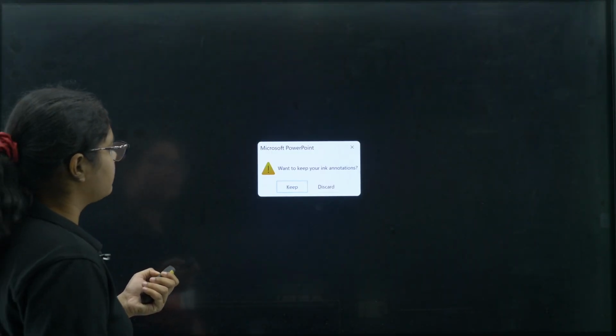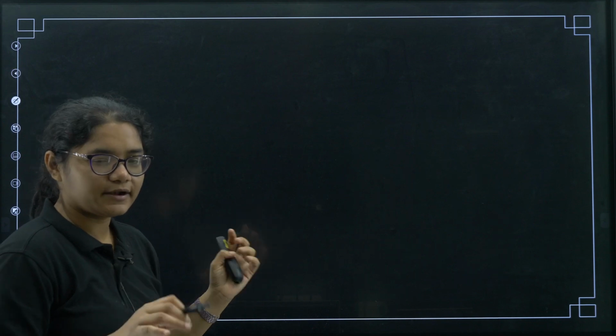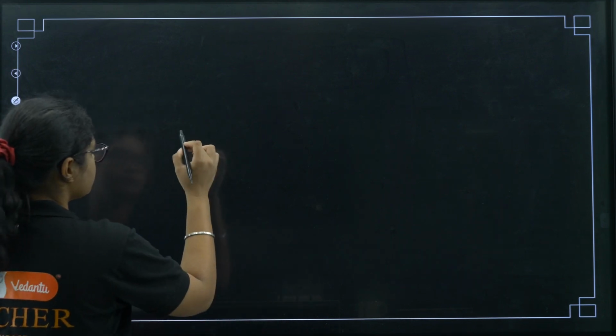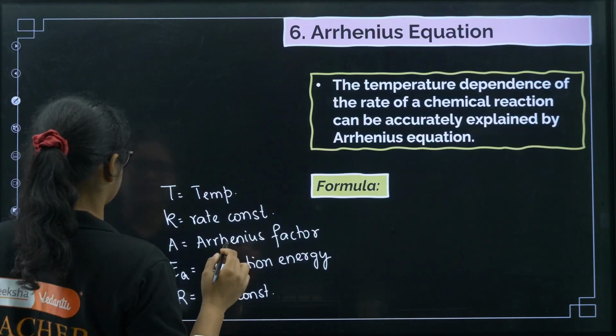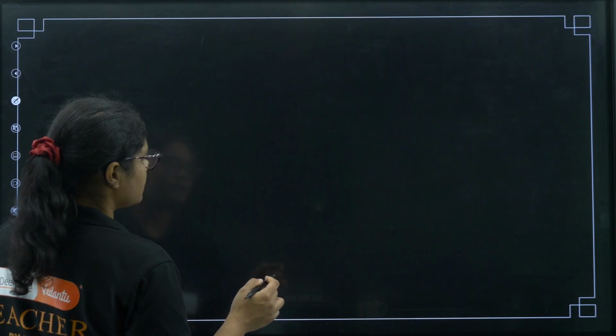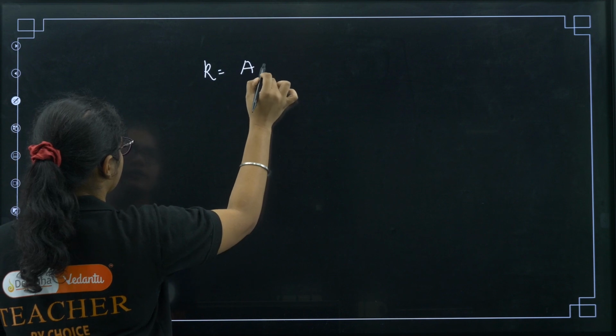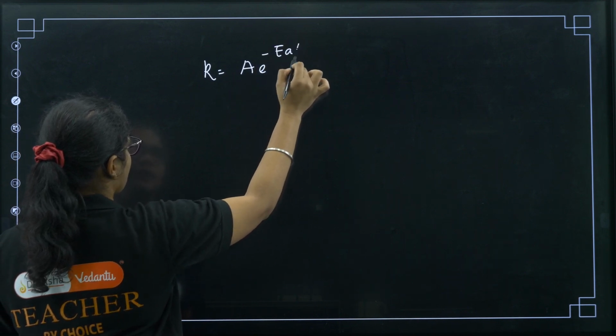Next we have, okay, one second. So here some more formulas regarding the Arrhenius equation I will be telling you. If I just go back, this is the Arrhenius equation, right. So we have K is equal to A into e to the power of minus EA by RT.